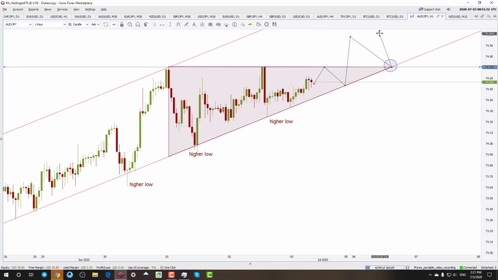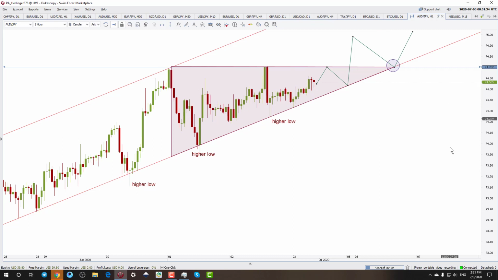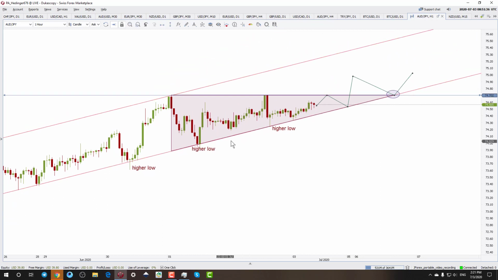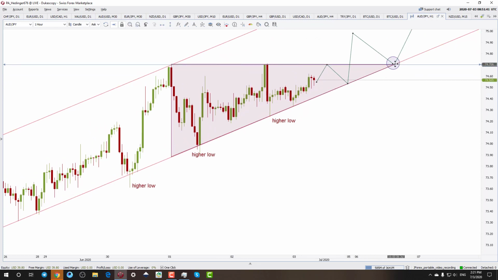Because in this case the price will have one support of this rising trend line, the channel support line, and also the support of this broken resistance.